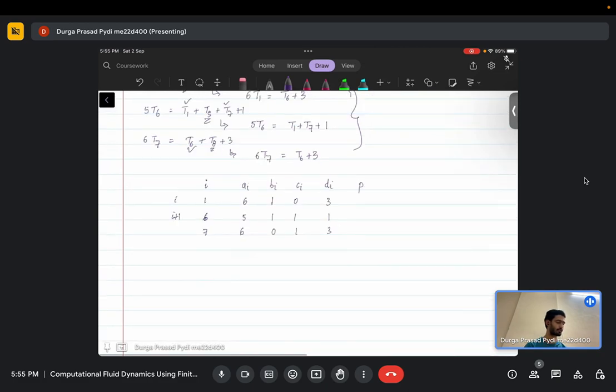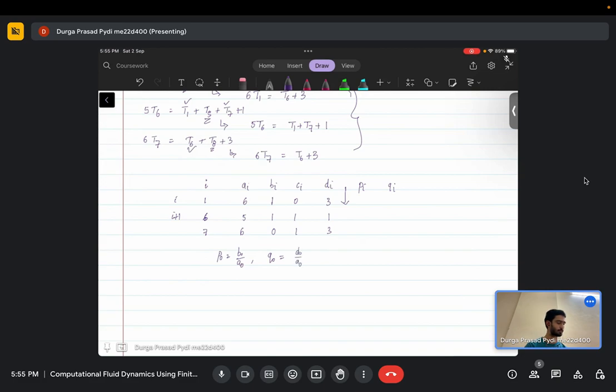So you start with PI, QI. You first go from top to bottom. In the top to bottom approach, P0 is given by B0 by A0, so the equations are the same. And your Q0 is given by D0 by A0.